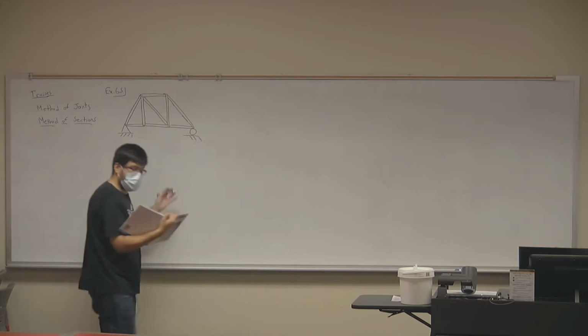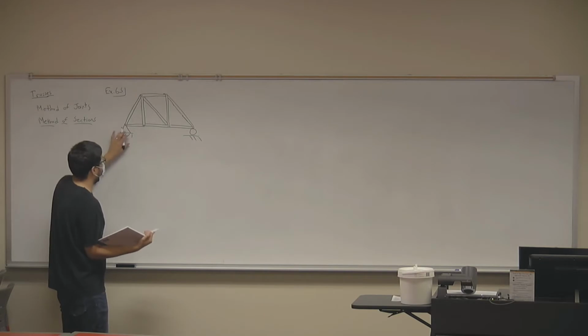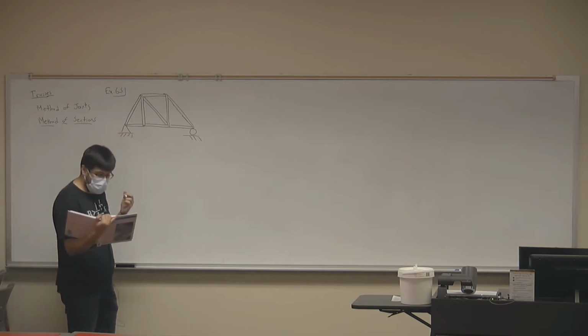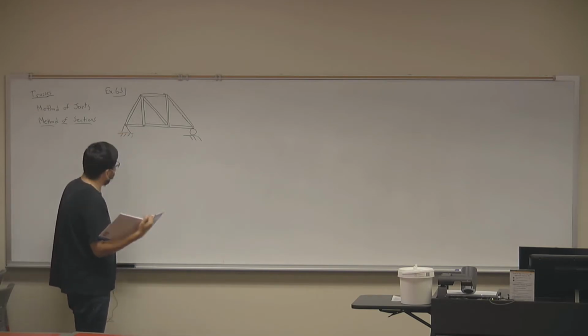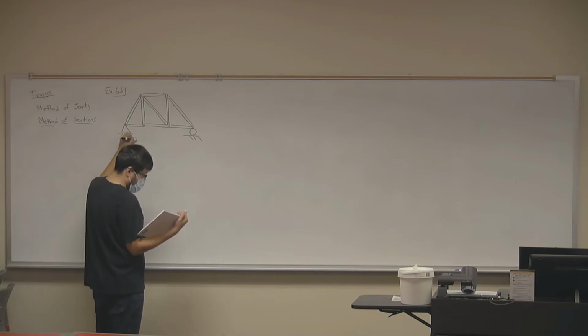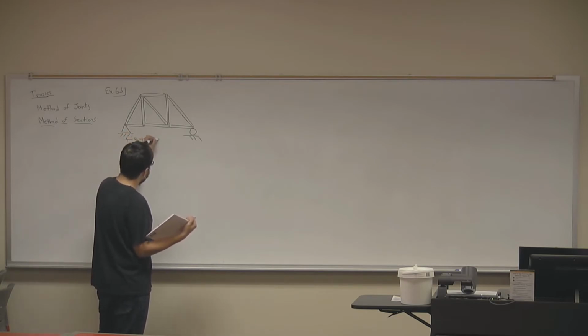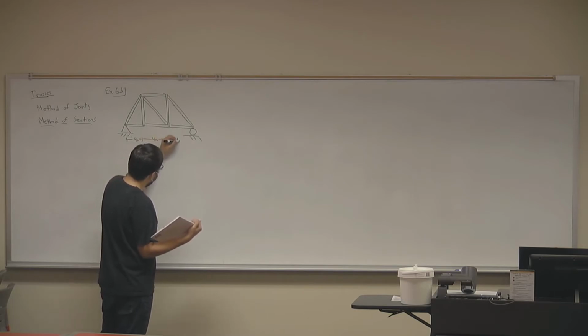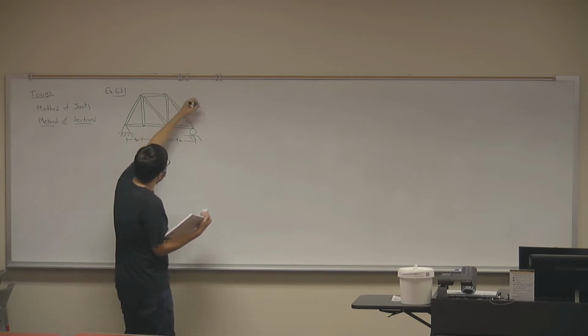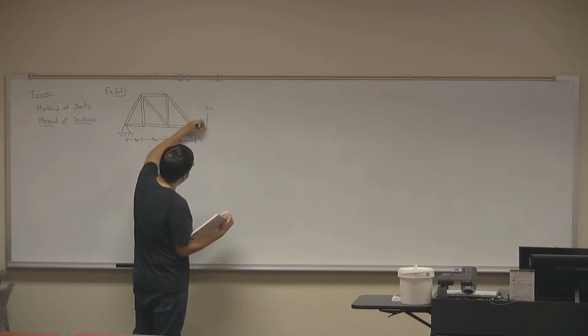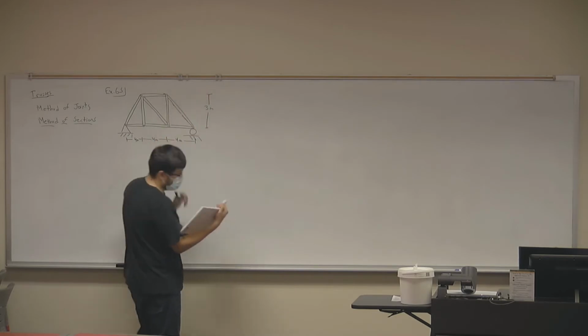Okay, we have this truss system. This truss system is supported on a hinge and on a roller. Let's give some dimensions. Let's say that each horizontal truss is 4 meters in length. And let's say that this vertical truss is 3 meters in length, obviously not drawn to scale.